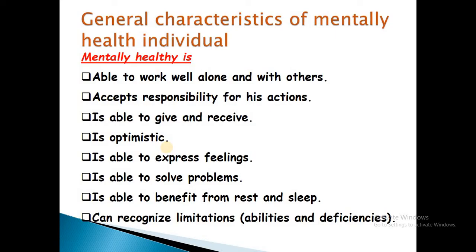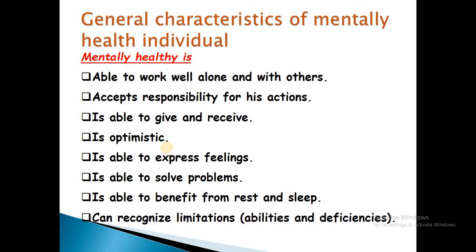No one in this life can live by taking all the time, taking everything all the time, or giving everything to everyone all the time without receiving anything for himself. It is unhealthy. So you should be able to give and receive.